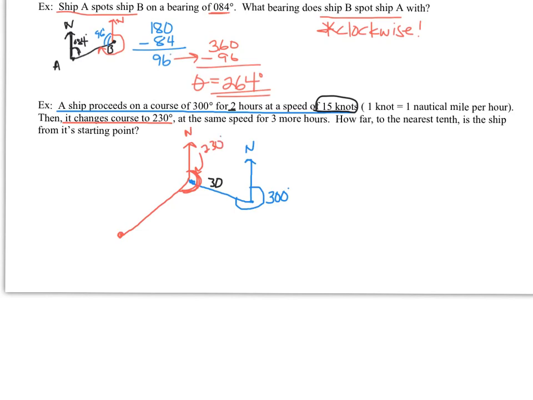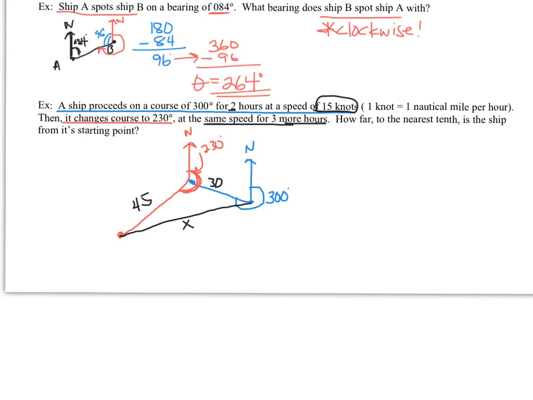Now it says for 3 more hours. So remember, we were still going at 15 knots, same speed, for 3 more hours. 3 times 15 would make that side length 45. The question is, how far to the nearest tenth is the ship from its starting point? So what we would want to do is connect our dot back to the start, and that's ultimately what we're solving for.